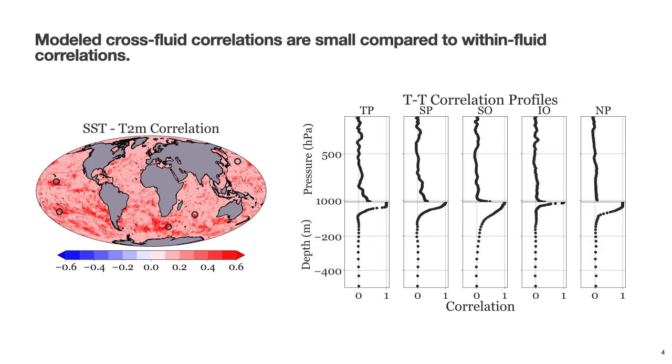In the atmosphere, the story is quite different. The correlation between sea surface temperature and the temperature in the lowest atmospheric level, which I'll call atmospheric surface temperature, is already much smaller. These correlations are 0.3 or maybe even smaller. They're also a bit noisier in the atmosphere, and we don't think that's necessarily indicative of real-world conditions.